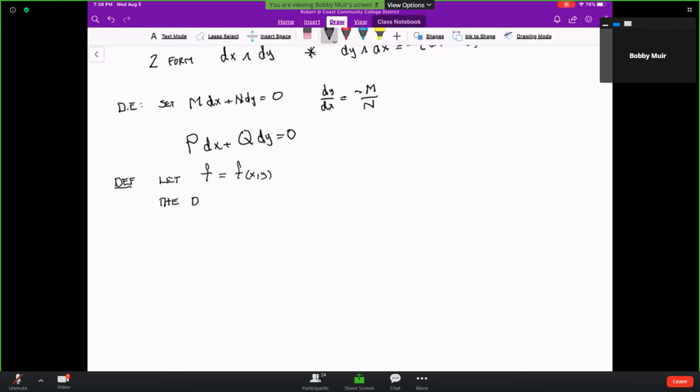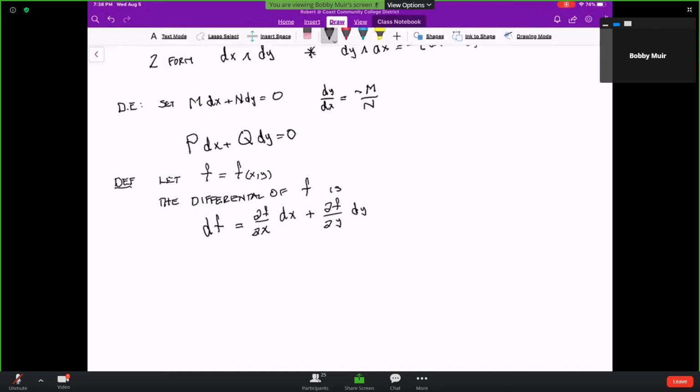The differential of F is defined as df, and it's the partial derivative of f with respect to x times dx plus the partial derivative of f with respect to y times dy.